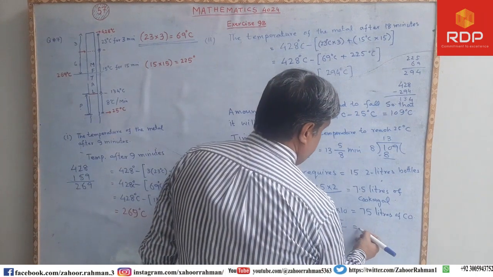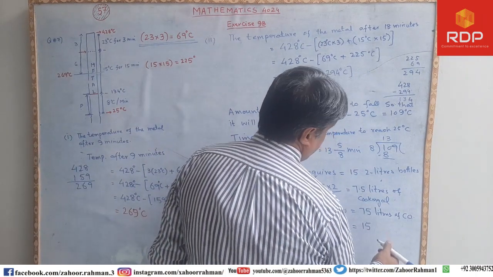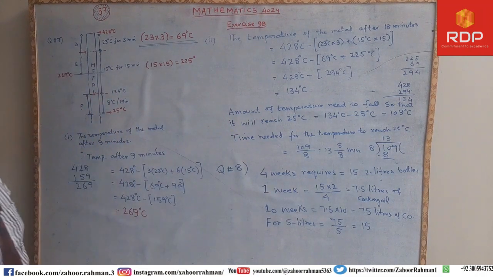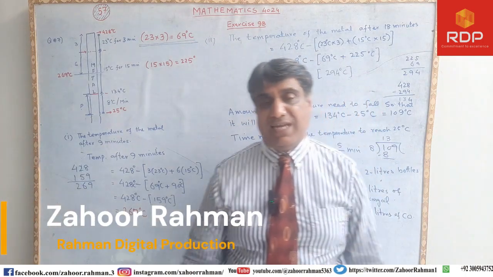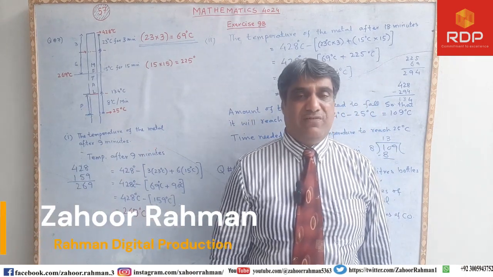So they required 15 5-liter tins. Okay, that was the whole story about question number 8. One question is remaining, and that is question number 9. Let me erase the board first and then we'll come back.